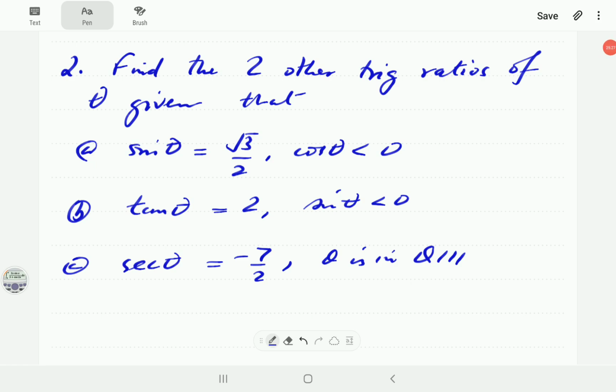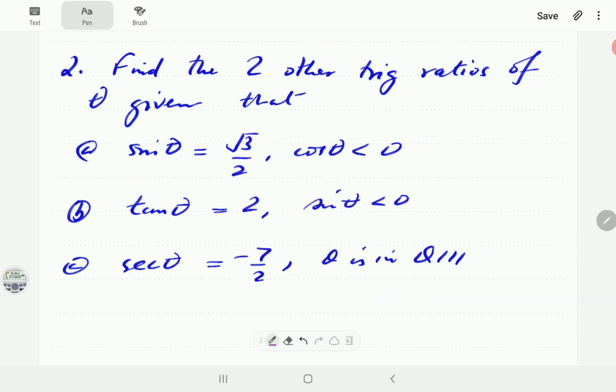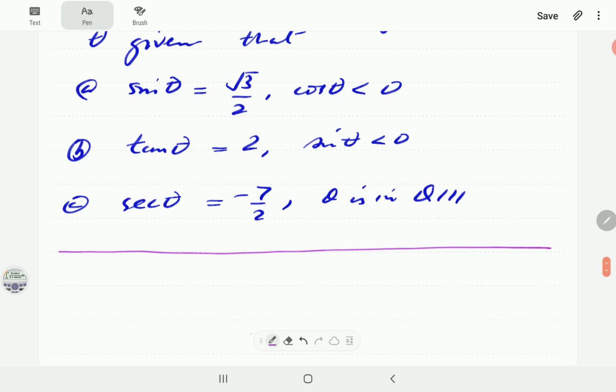Okay, in this question, we're given one of the trigonometric ratios and a condition, and they want us to find the two others. So for instance, in number 2a, we have that sine theta is root 3 over 2, and cos theta is less than 0.